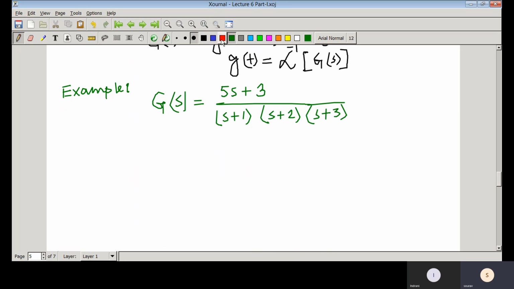Your job is to find g(t). How will we do that?